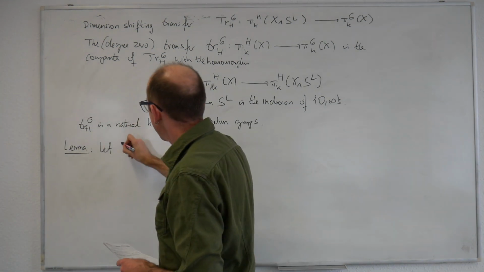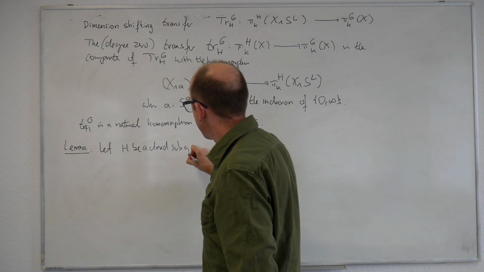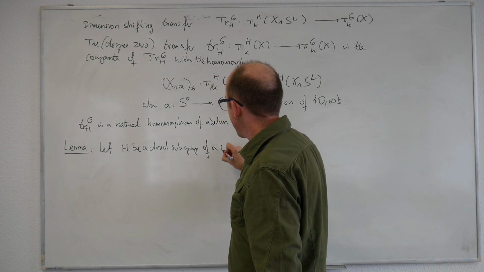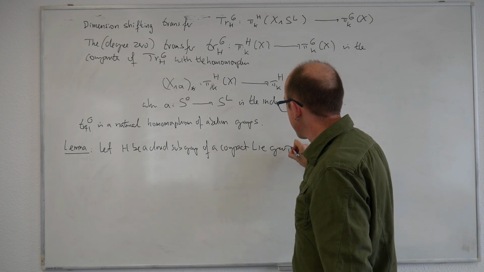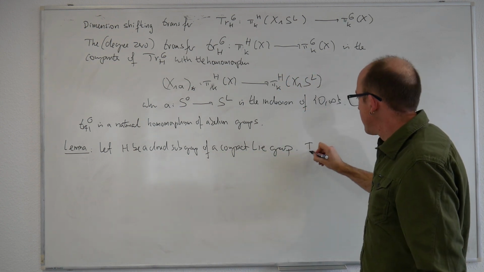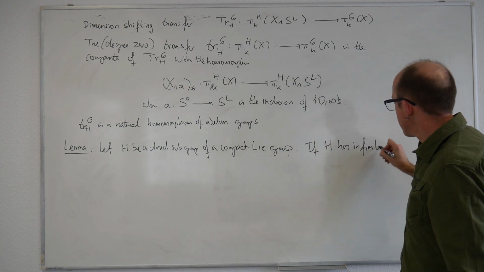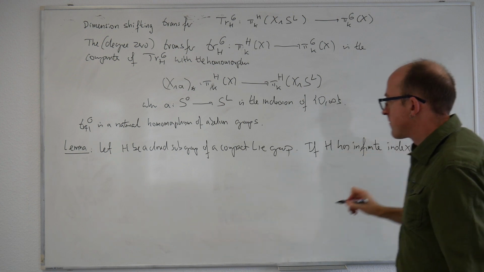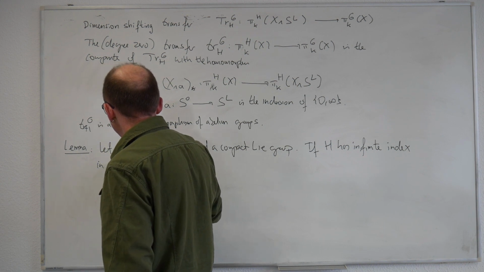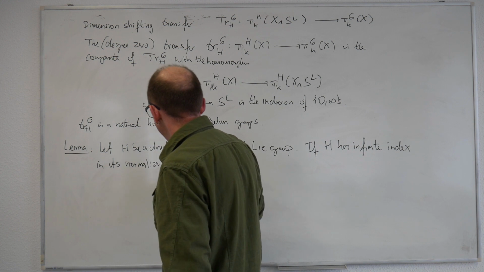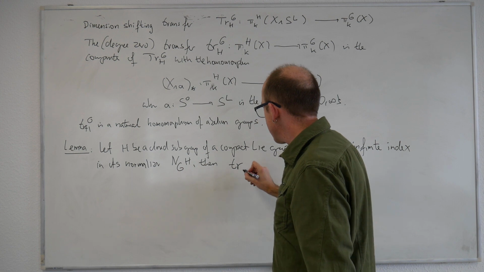So here's the following: let H be a closed subgroup of a compact Lie group G. And then if H has infinite index in its normalizer, the normalizer in G, then the degree 0 transfer is the trivial homomorphism.